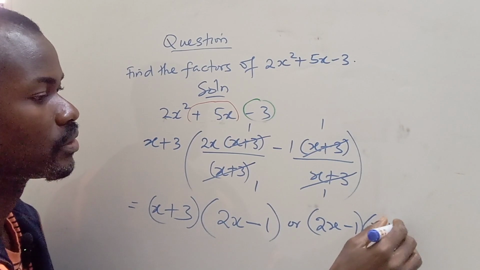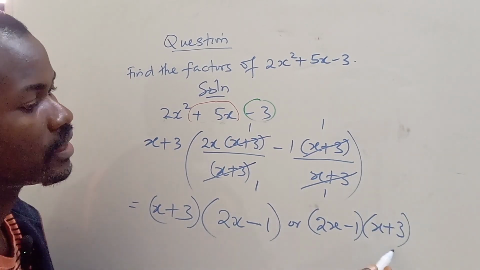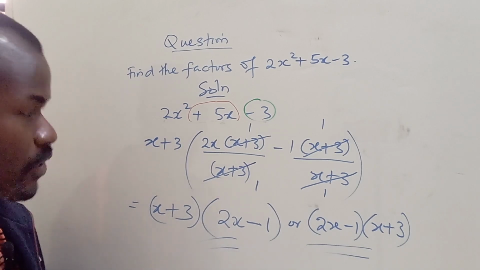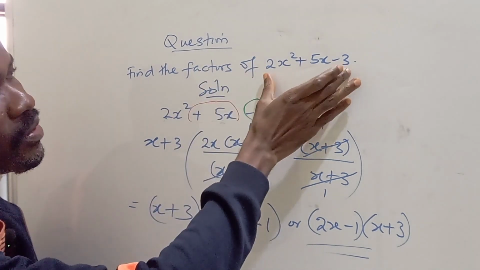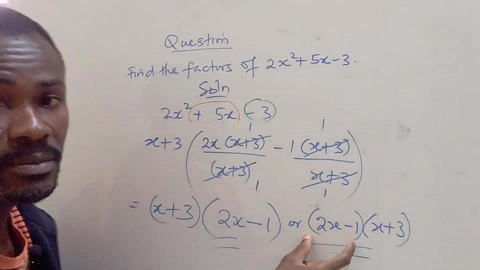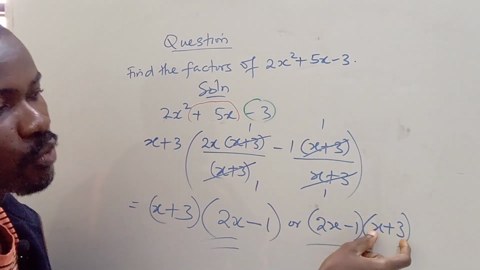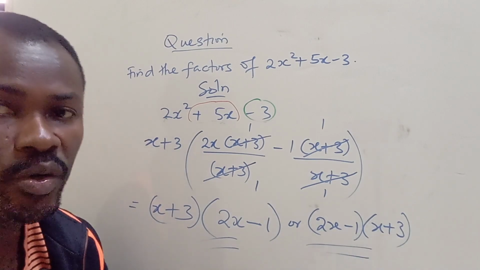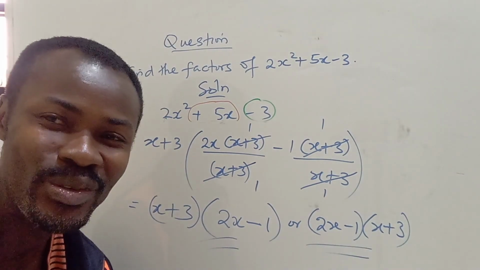So 2x minus 1 multiplied by x plus 3 gives us the solution to this problem. The factors are 2x minus 1 and x plus 3. That gives us the solution to this problem.